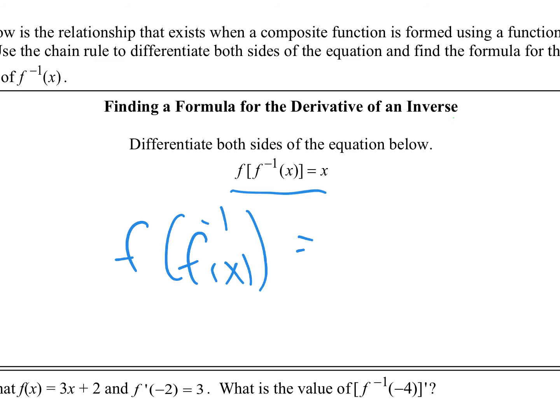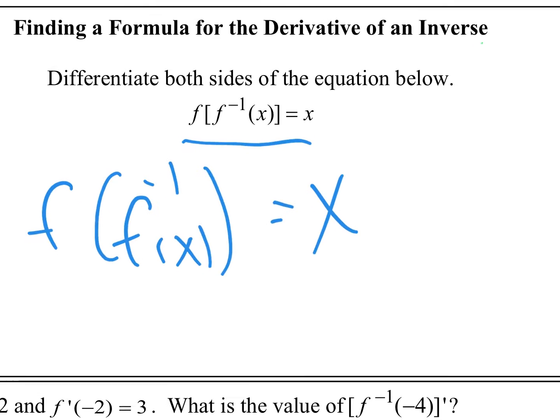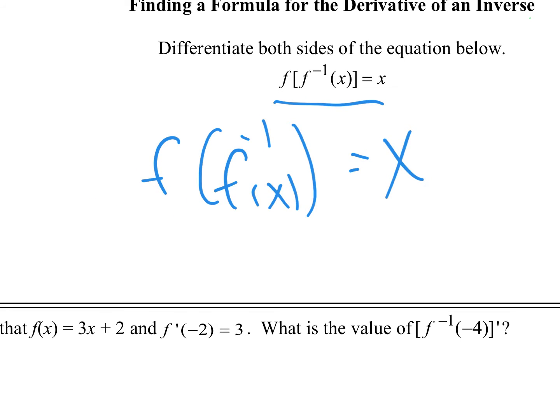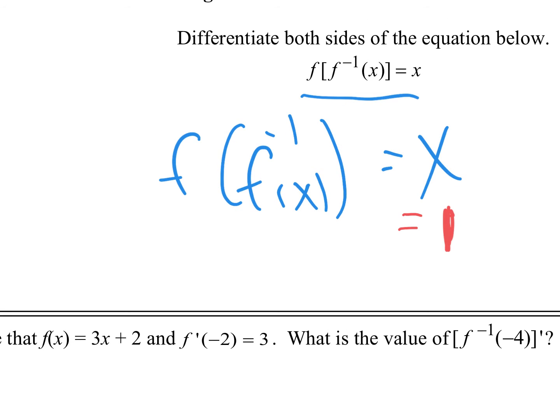It's written right there. f of f inverse of x equals x. And now what we have to do is take the derivative of both sides. If you recall, it was either Cassidy or Jillian who said, I know one side, the answer is 1. Probably Cassidy. She was right on the money. So now I have to take the derivative of this side.